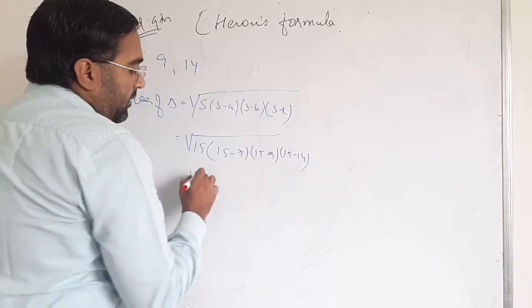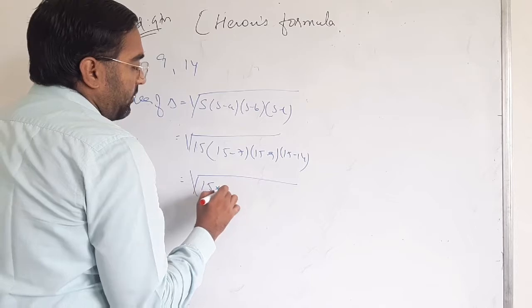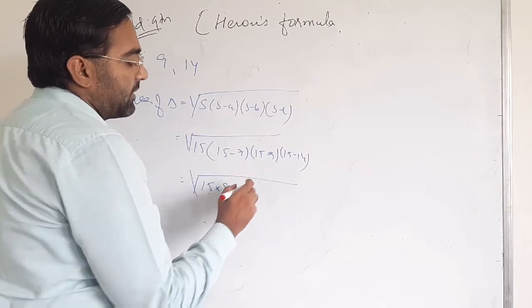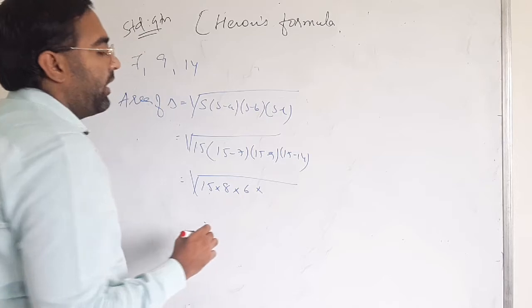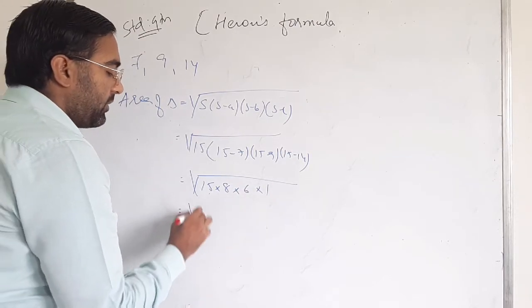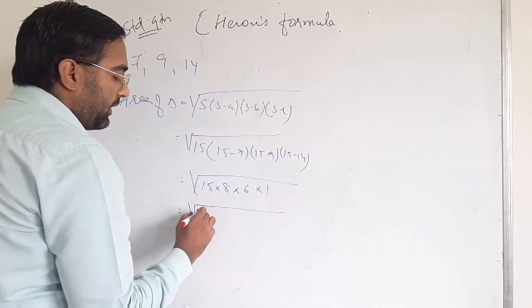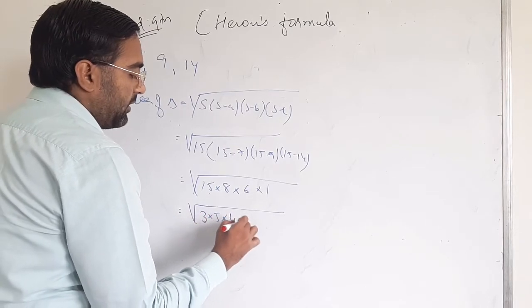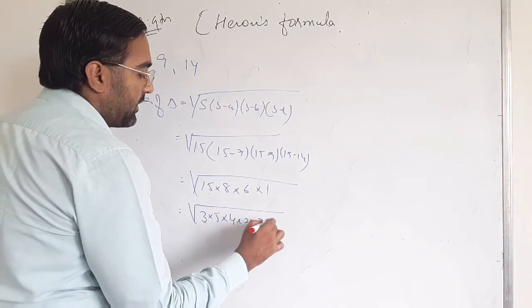So 15 into 8, 6 and 1. Now factorize these numbers: 15 is 3 fives, 8 is 4 twos, and 6 is 3 twos.